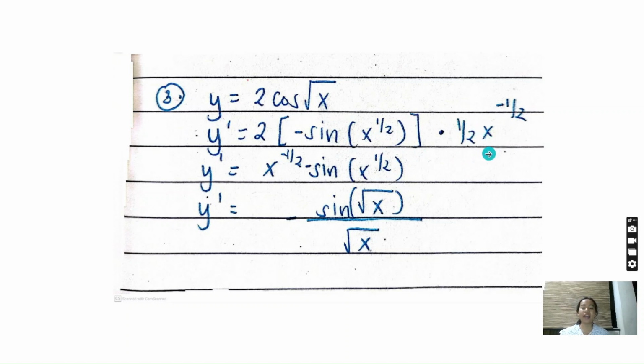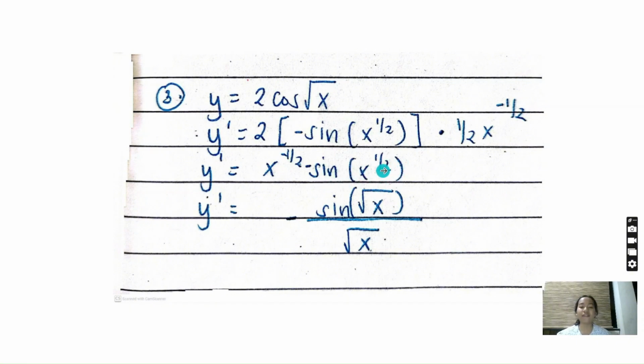Since 1/2 x to the power of negative 1/2 times 2 is x to the negative 1/2, and since it is in negative form, of course, we are going to put it under a fraction. So since it is negative, we will put it under the denominator.